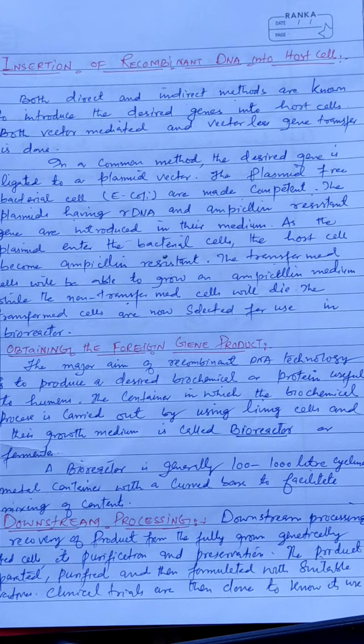First of all, its efficacy is checked by doing trials in the laboratory on animals and then on humans, and finally it's put into vials or bottles and sold to companies and people worldwide who are affected. For example, if we are making an insulin product from an insulin gene, this is how recombinant DNA technology is meant for producing a desired product in this manner.